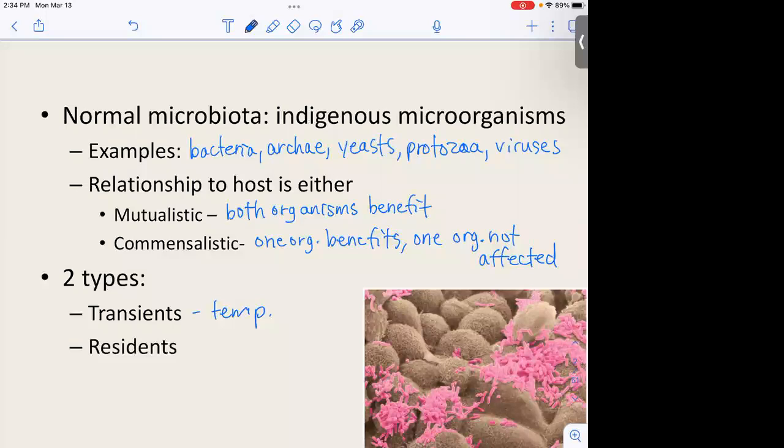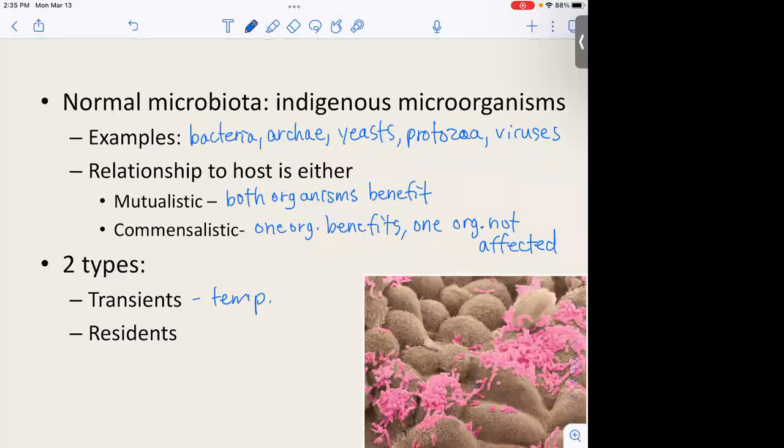Some of our microbiome, though, we would consider to be residents, meaning you acquired those bacteria soon after you were born, or maybe during the birthing process, and pretty much you have them for the rest of your life. And of course, there's a lot we don't understand, like what happens when we go on antibiotics, how soon does it take till we get our normal variability of bacteria back, or if ever do we? So again, there's a lot that we don't understand there.